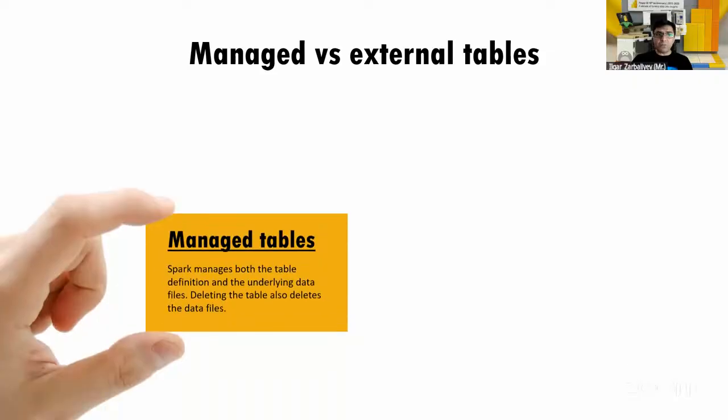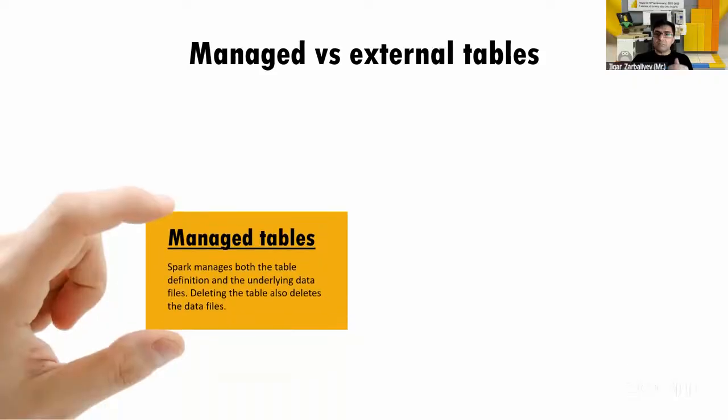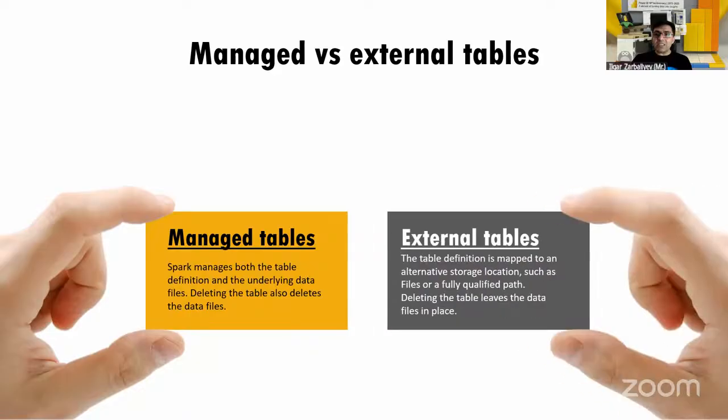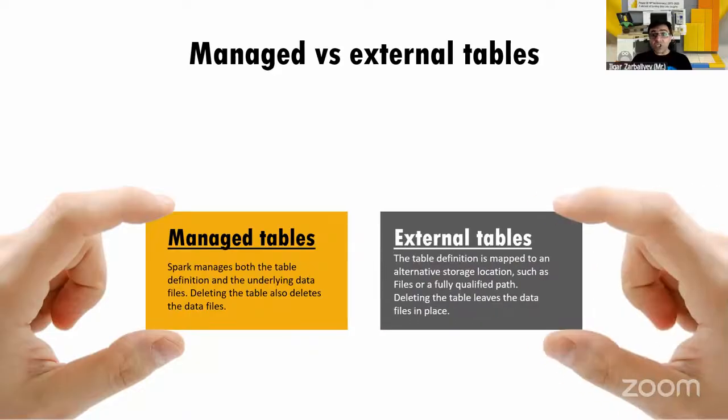You can also create tables as external tables. With an external table, the relational table definition in the metastore is mapped to an alternative file storage location. The files area of the lakehouse, for example, or a fully qualified path to some other storage account. In that case, the table definition is still created in the metastore.